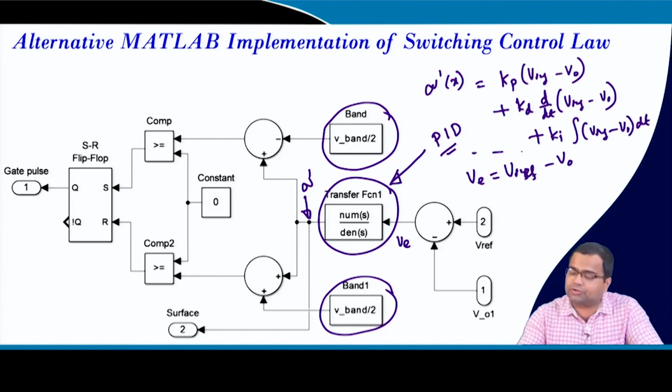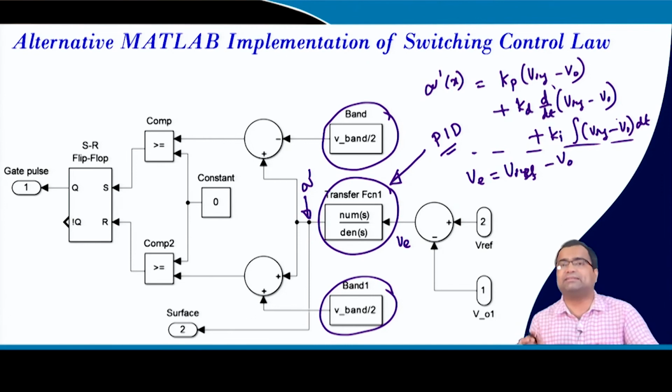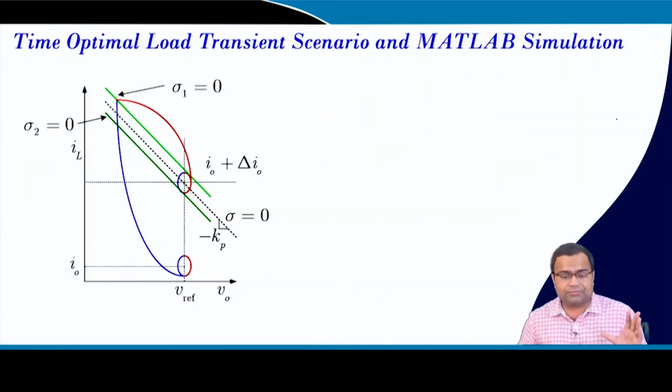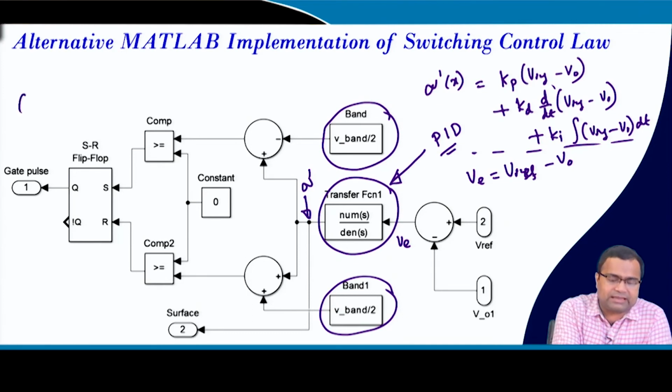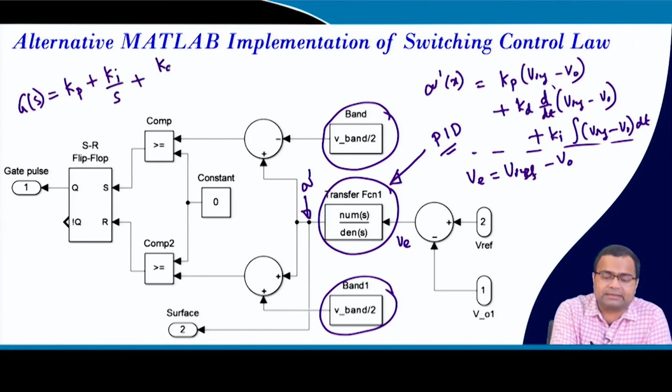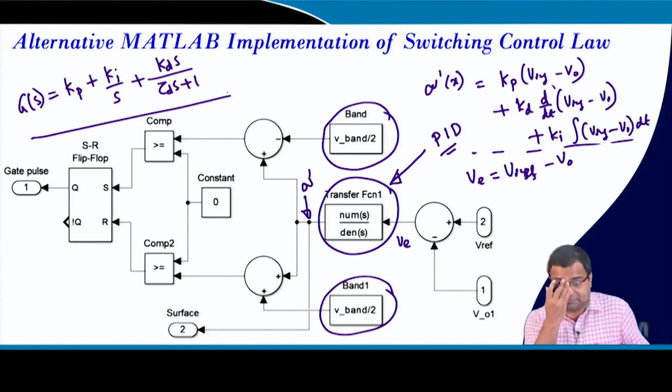But we should remember, I am not using a direct derivative, I am using a band limited derivative, and we have already explained the PID controller. Whatever I am considering here is a standard PID controller, Kp plus Ki by S plus Kd S by tau d S plus 1, the PID controller gain.